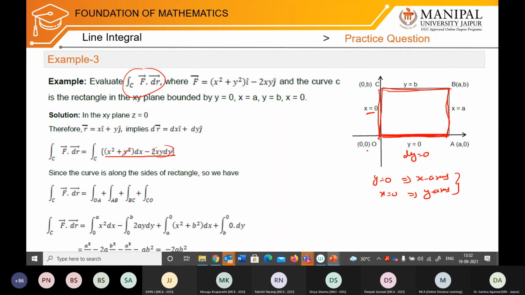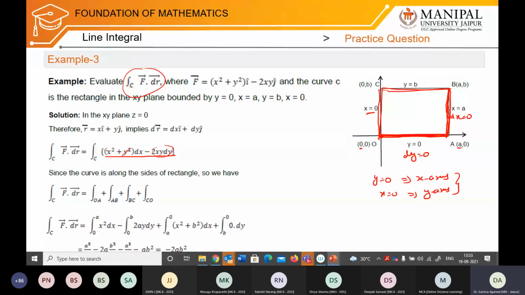Along OA we are doing integration along 0 to a. The limit of x is 0 to a and y is 0. So 0 to a x square dx, right? Now if I am moving along this line AB, on this line the value of x is a and the value of dx will be 0.